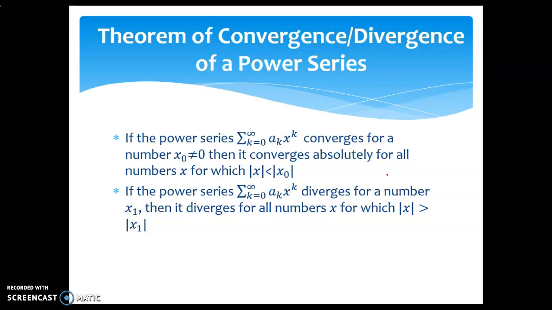So if it converges for x0, that means it's going to converge for any number that is less than that. And if it diverges for x equal to 1, it diverges for any number greater than that.